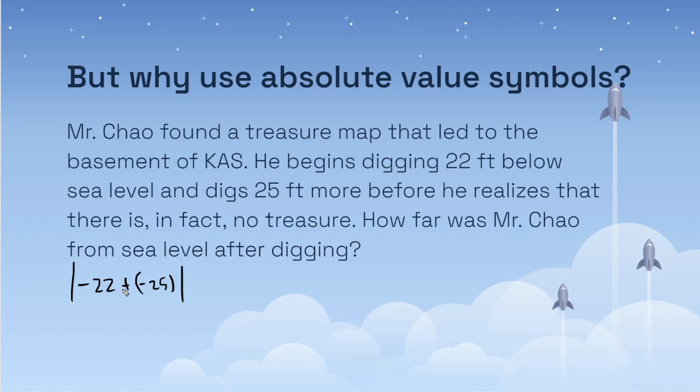Well, -22 plus -25 is -47. So the distance was 47 feet, right? But we can't say that a distance is a negative value, so we use an absolute value, 47. This absolute value just helps us to represent this real-life situation of distance.